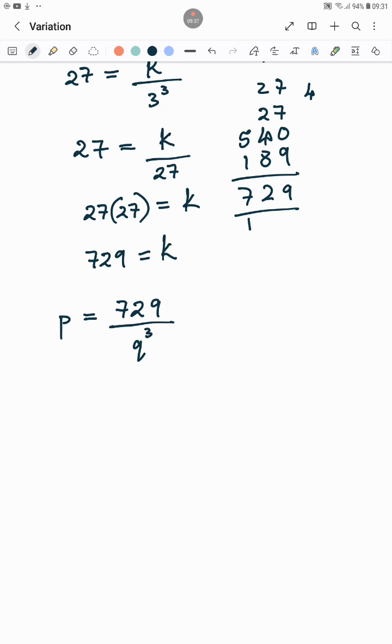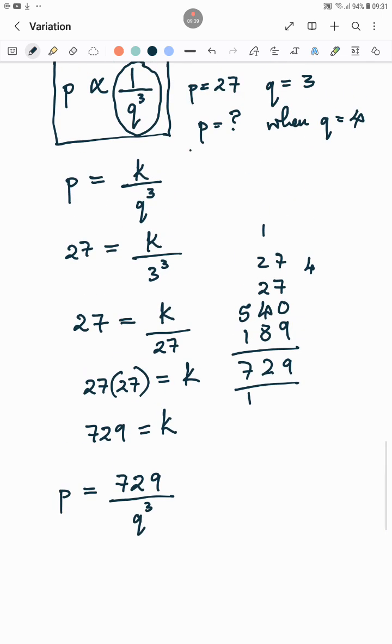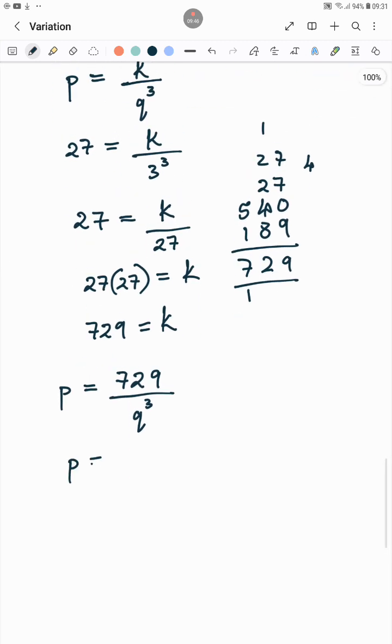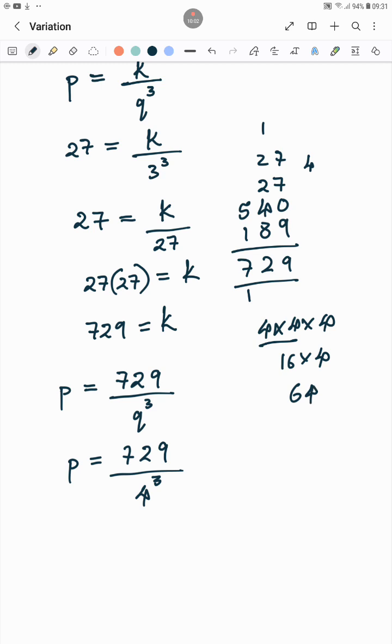Now we need to find the value of P when Q is equal to 4. So now we say P is equal to 729 over 4 cubed, and 4 cubed is equal to 64, because we say 4 times 4 times 4, this is 16 times 4, and here you get 64.